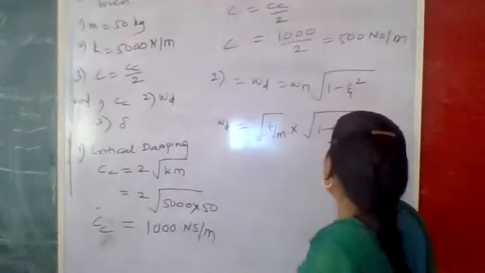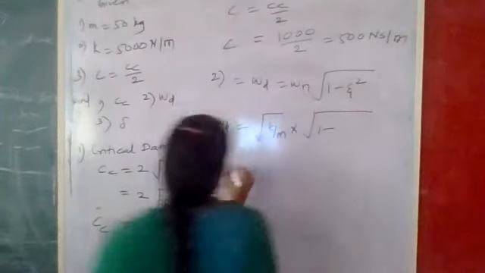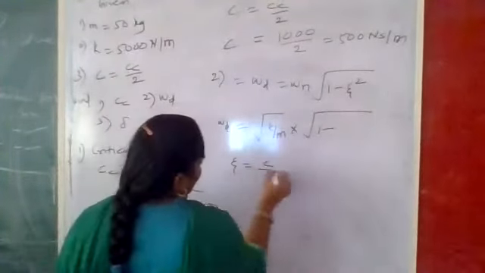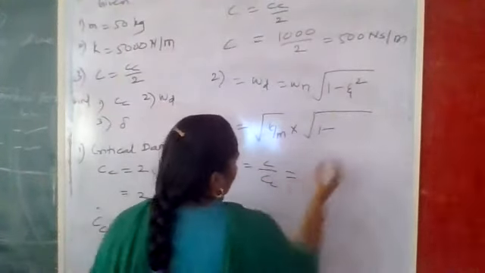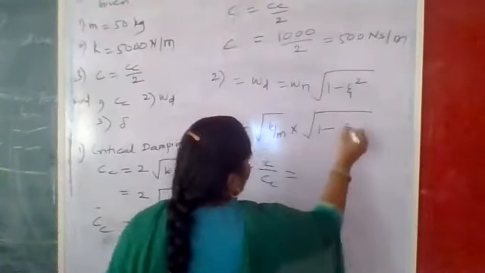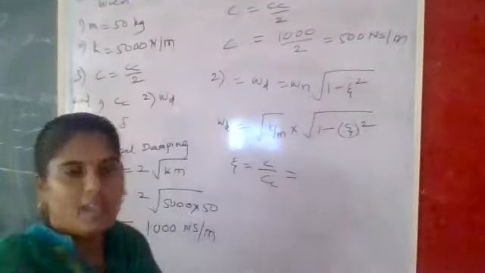We have to calculate zeta. How to calculate zeta? Zeta is equal to c upon Cc. Calculate c upon Cc and tell me the value of zeta. Put this value here, that is zeta square. And tell me the value of omega d and zeta.